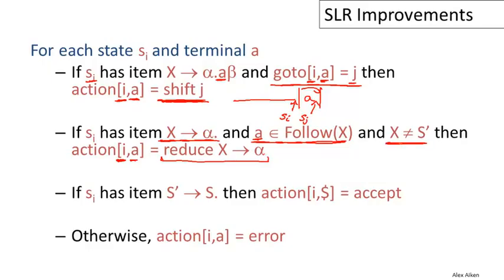We're not going to do that reduction if the left-hand side is the special start symbol, the new start symbol that we add to the grammar, S prime, because in that case, if the item that we're going to reduce by is S prime goes to S dot, and we're at the end of the input, then we want to accept. And any other situation is an error. So in any other situation, if we're in state I and the next input is A, well, we don't know whether to shift, reduce, or accept, and so that is an error state.